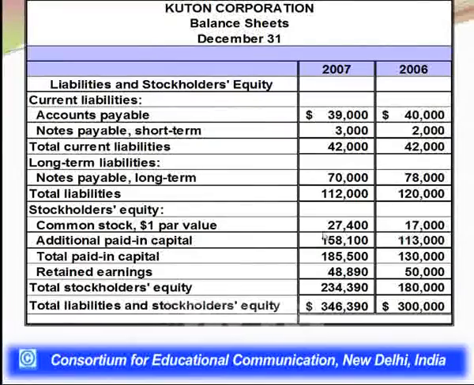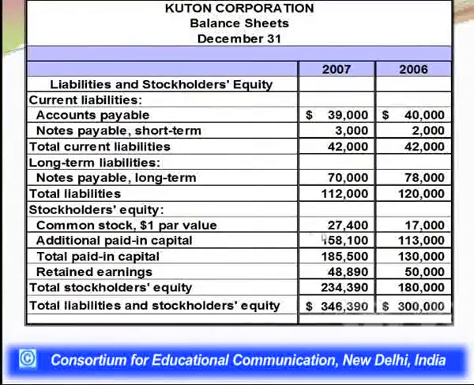Since the par value of a share is $1, the number of shares multiplied by $1 gives you the value in monetary units, which comes out to be 27,400 and 17,000. Moving forward, next is additional paid in capital, which is 158,100 and 113,000 in 2006.